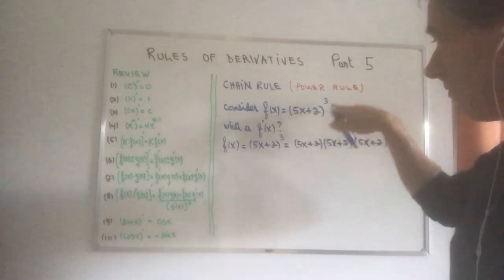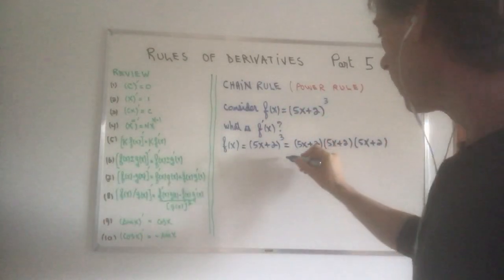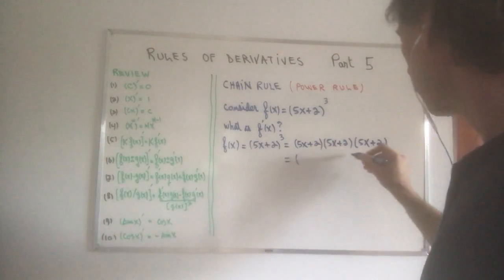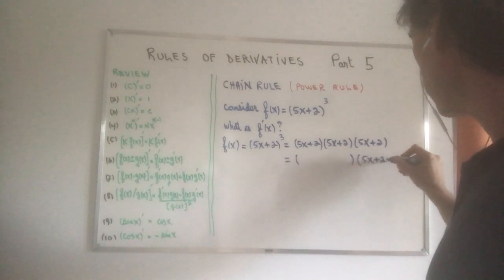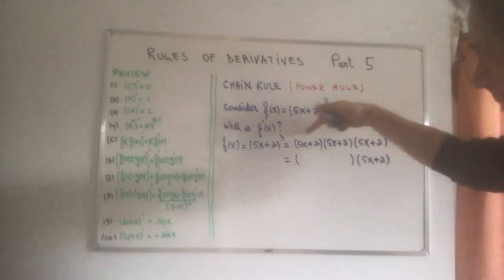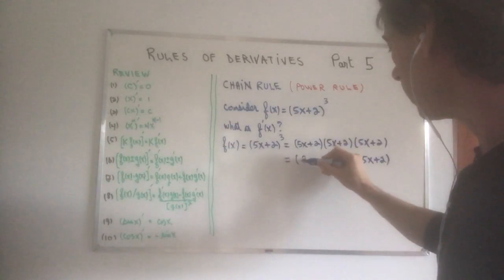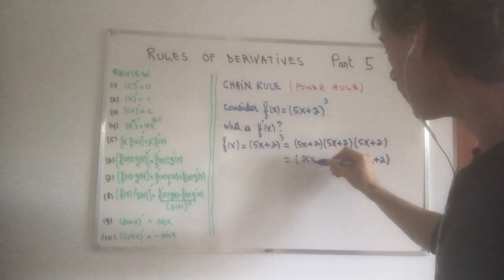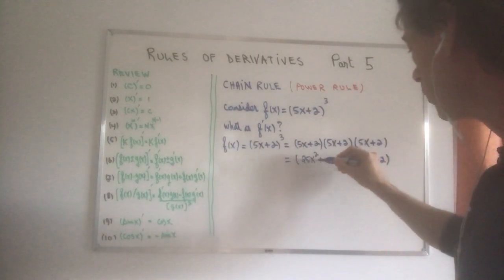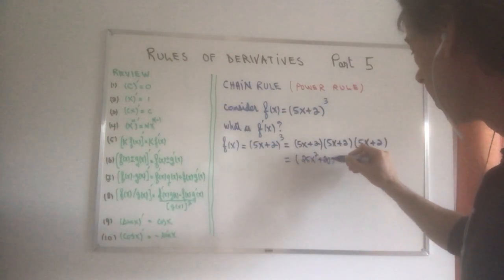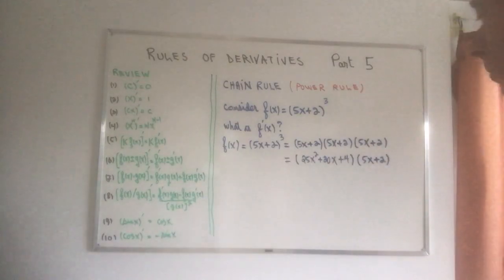I'm just trying to figure out another way to get f of x. We're going to do the first two, and then we're going to do the other one. 5x times 5x is 25x squared, plus 5 times 2 is 10, and another 10, that'll be 20x, and 2 times 2 will be 4.